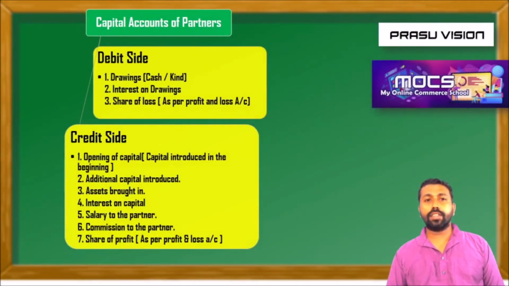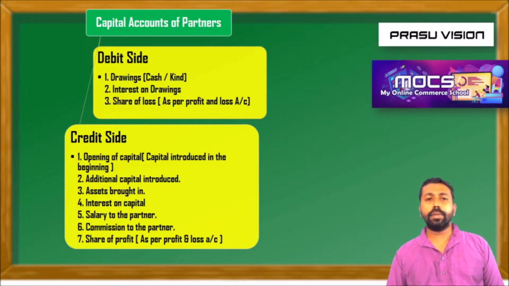What are the items coming in the partners capital account? Here it is very clearly listed. Capital account has a debit side and a credit side. It is a normal ledger account. The debit side includes a record of all types of drawings, whether the partners are withdrawing cash or withdrawing any goods or materials from the firm.